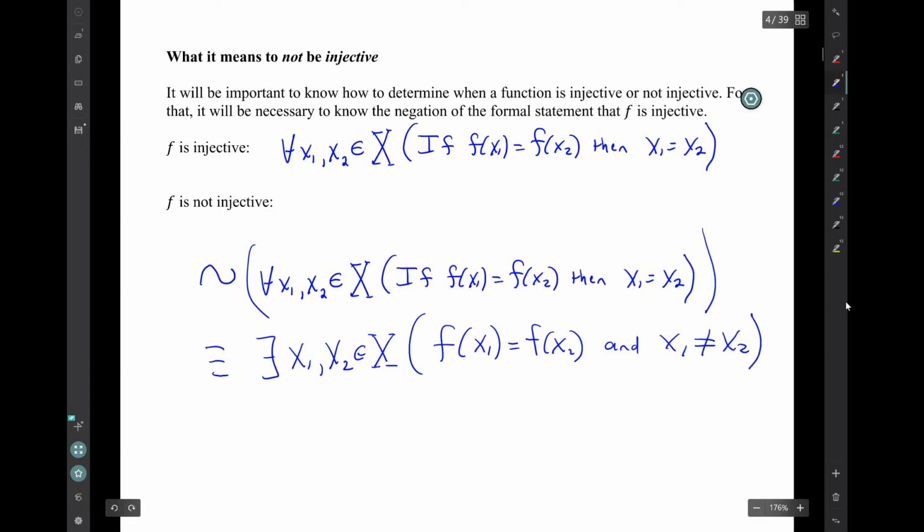So realize that the negation of that universal conditional statement is this existential and statement. There exist x1 and x2 in the set capital X such that f of x1 equals f of x2, that is the outputs are the same, and x1 is not equal to x2. So there exist x1 and x2 in the set capital X such that x1 and x2 are not equal, but they cause the same output.